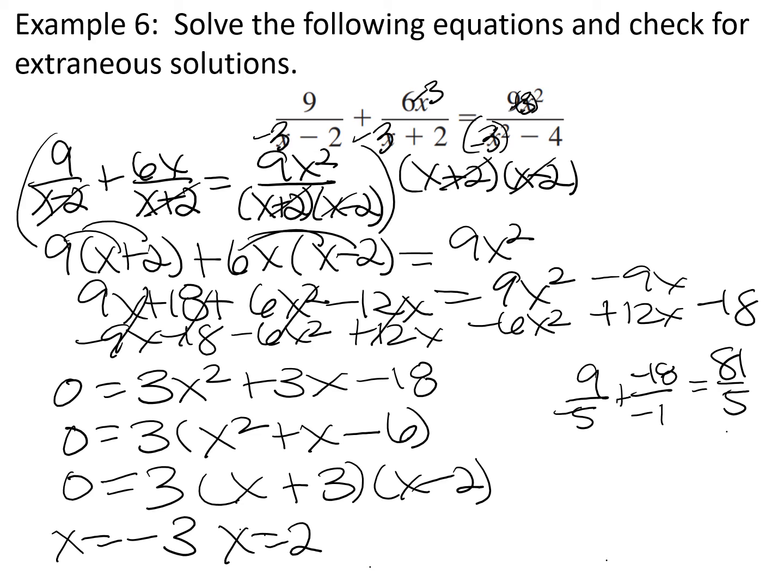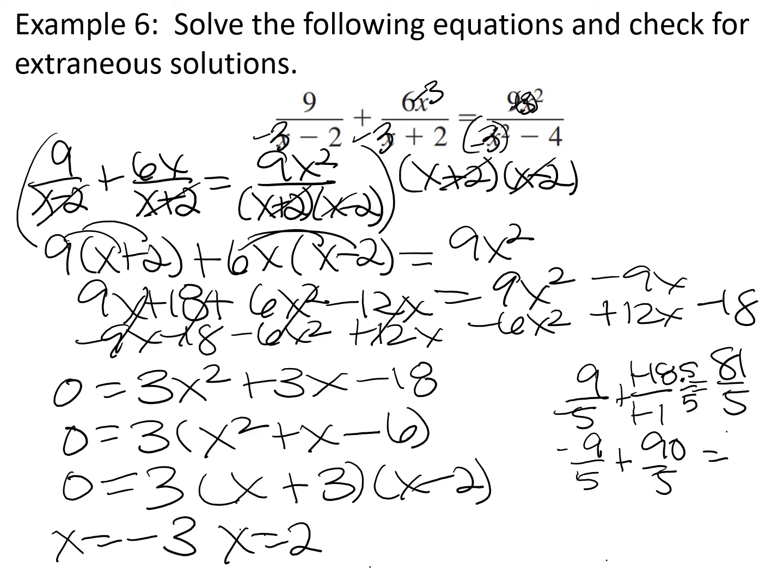Okay, so this one here, I'm going to get a positive 18. And then I have a 9 over -5. I need to get a common denominator there, so I'm going to have a 9 over -5 plus, I'm going to multiply this one by 5 over 5. Let's see. 18 times 5 is 90.